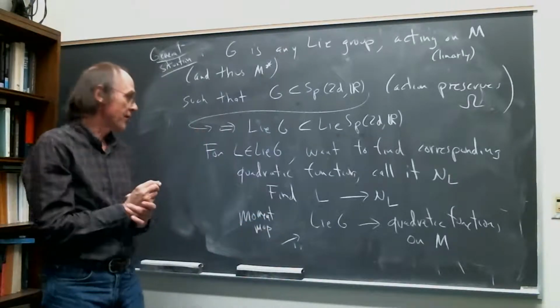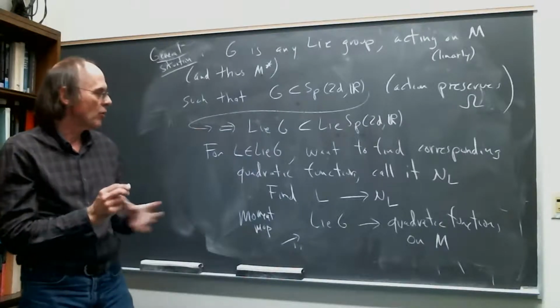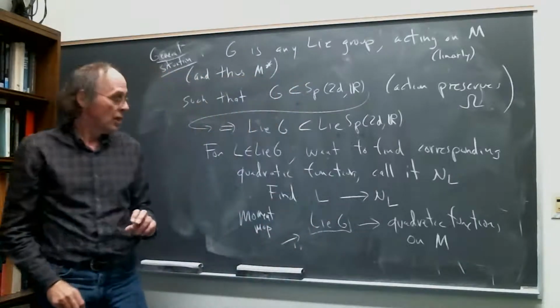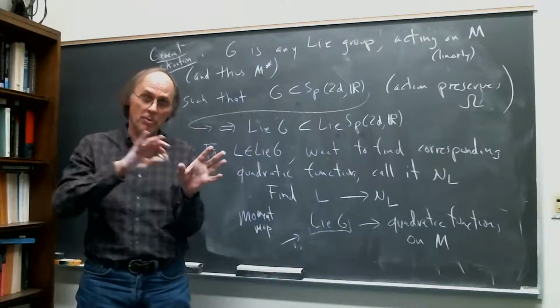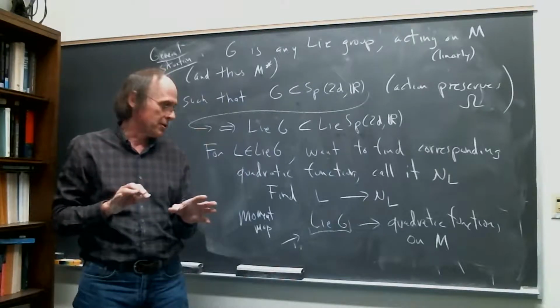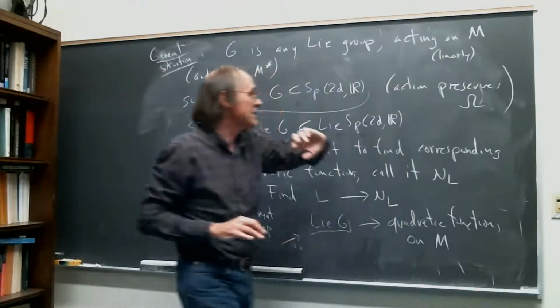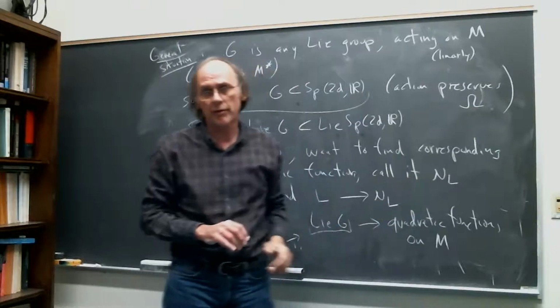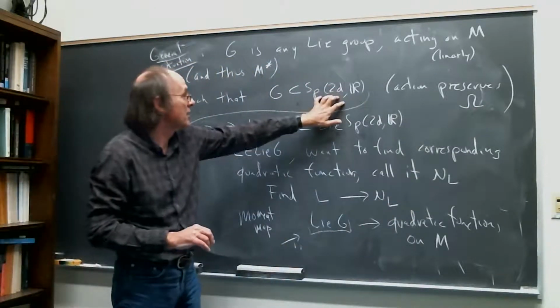Okay, so this information can be packaged in various ways, but basically what we want is to think about the situation where we've got some arbitrary Lie algebra, some arbitrary Lie group acting on a phase space, and the only crucial thing is that this action preserve this bilinear form. So it's actually a symplectic action.